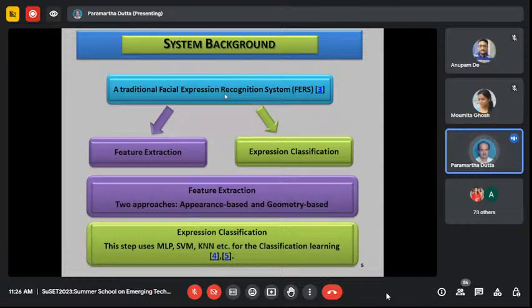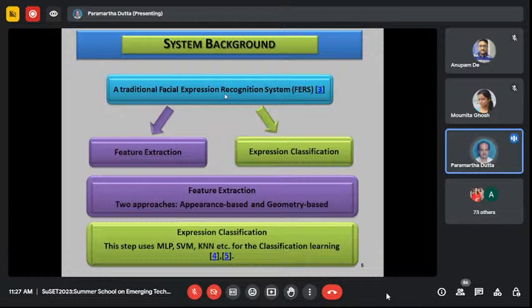In respect of the system background, it's a traditional facial expression recognition system, abbreviated as FERS, a very popular abbreviation in the contemporary and relevant literature on affective computing. FERS is a well-known abbreviation used by the affective computing research community.